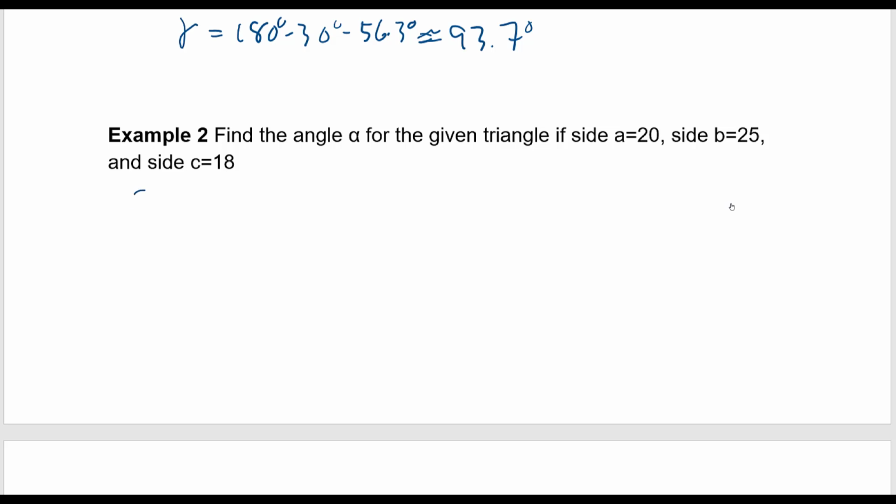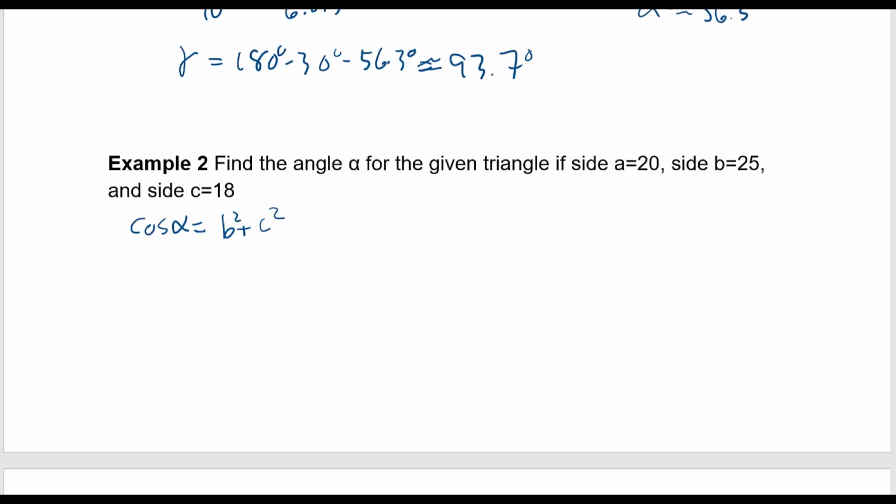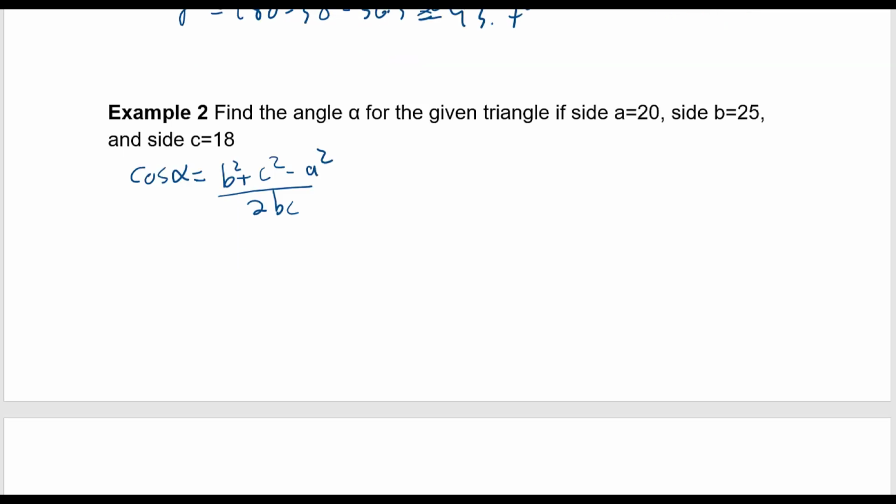So cosine of alpha is going to be equal to b squared plus c squared minus a squared over 2bc. And then alpha would be cosine inverse of this expression.